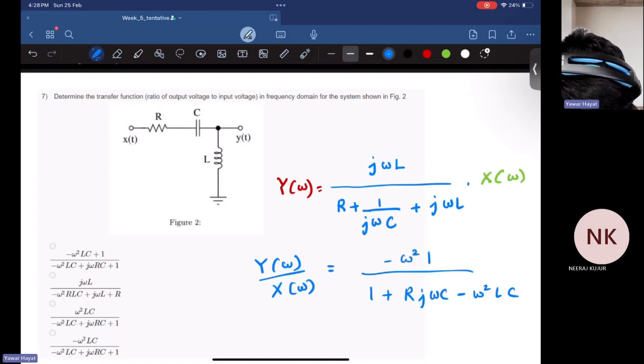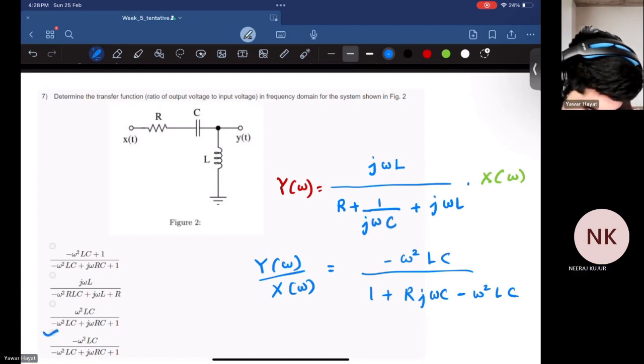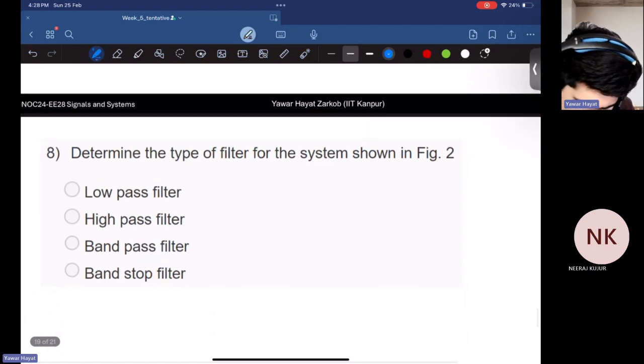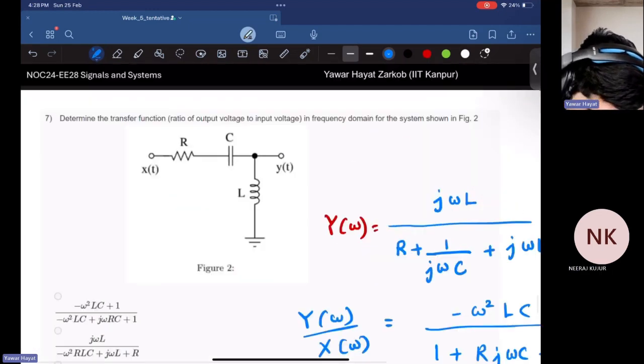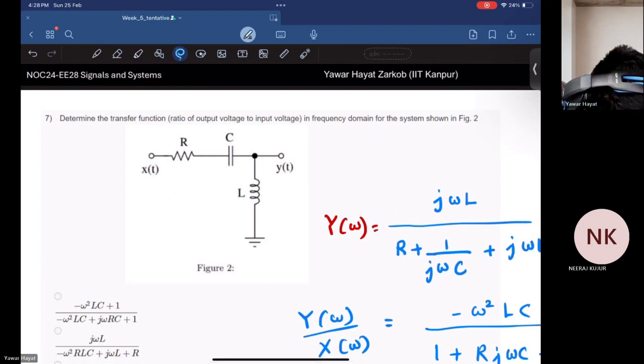Minus omega square LC. Yeah, you're right. Last option is correct, right? That was an easy question. Now what about this? We need this. Okay, so I'll take a screenshot again.